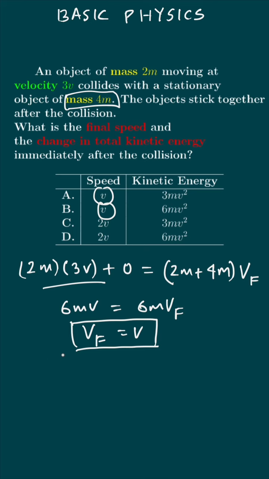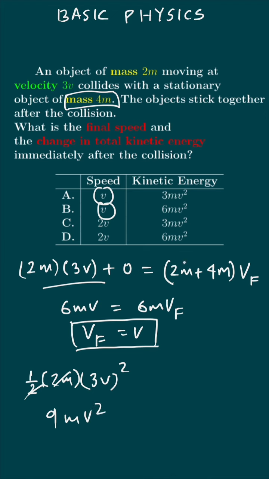Now what is the change in kinetic energy? So the initial kinetic energy is half times 2m times (3v) squared, where the 2 will be cancelled out, so it is 9m v squared.